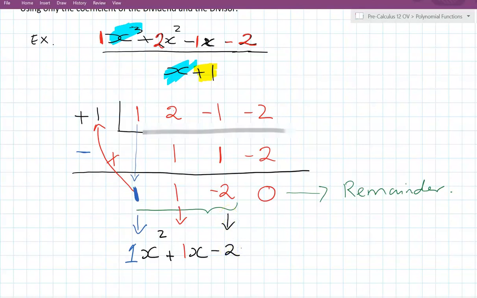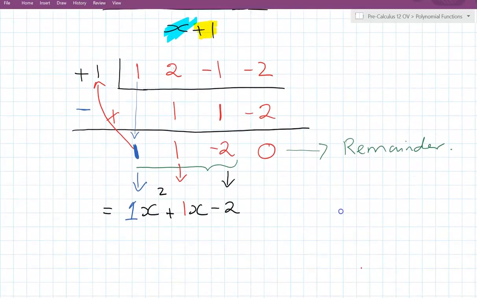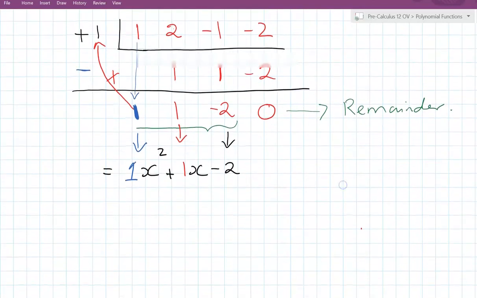Here it is. All right, so that is now the quotient, and now we can rewrite the whole thing. Actually, let me label this, so this is the quotient.